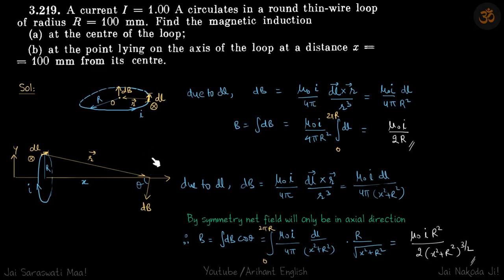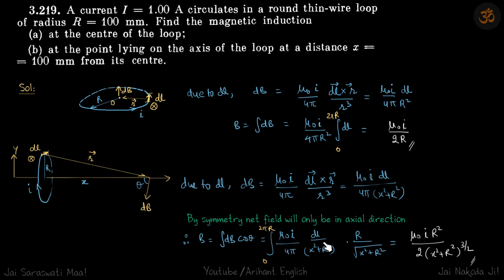So the y components will get cancelled and only component left will be in x direction. So by symmetry, net field will only be in axial direction. So total field B I can write as dB cos theta, because dB sin theta component will get cancelled by this dl.